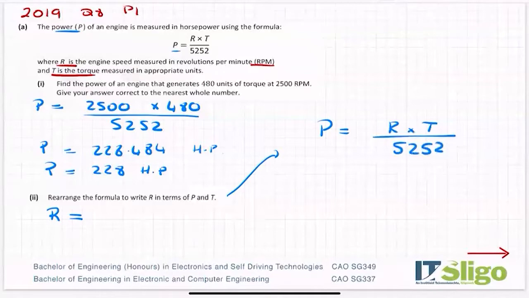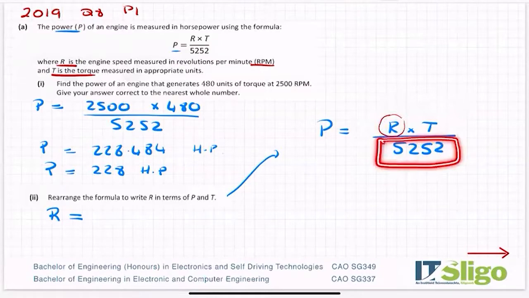You need to strip away everything from around the R. You tend to go for the part that's furthest away first and then hone in on the R, a bit like peeling an onion: there is the center, strip away the layers from around it. So the first thing I would get rid of is the 5252. It's attached to R by division, or it's under the line. Therefore, to cancel it, I multiply by 5252.